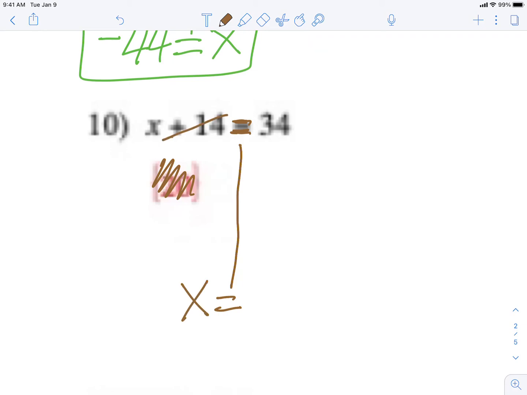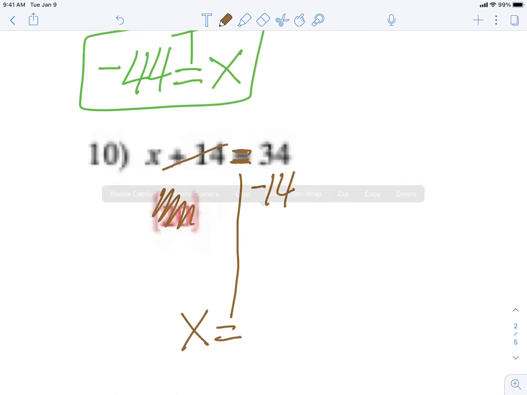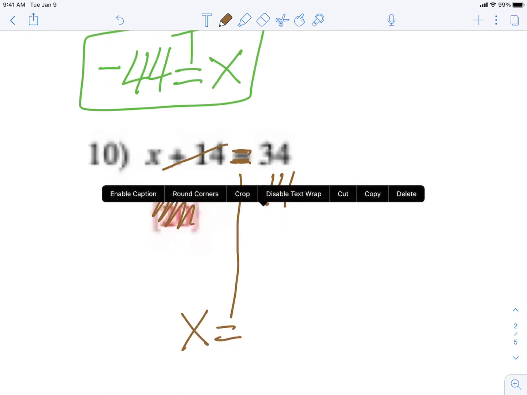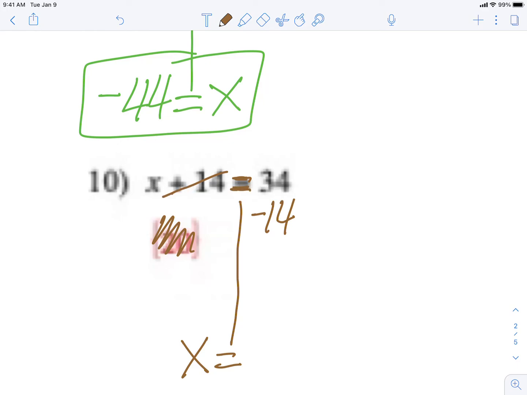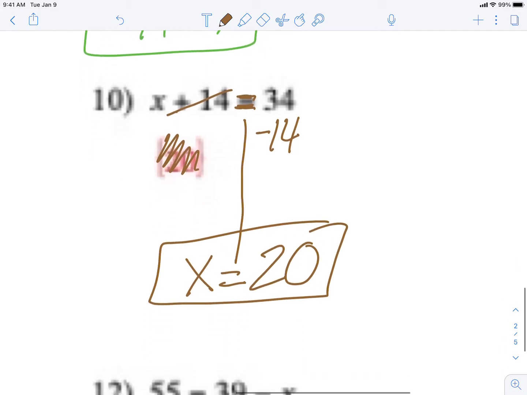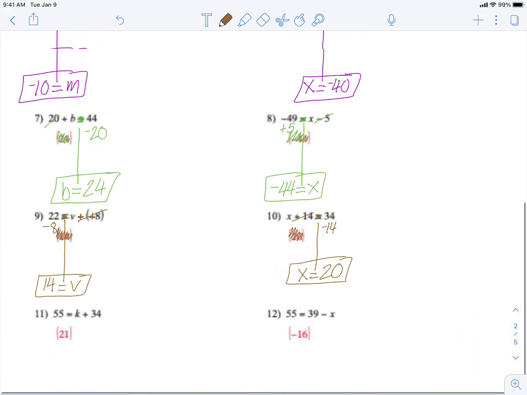So I cross out 14, plus 14, and I make minus 14. All right. 34 minus 14 is 20. Technical difficulties, glitches, right? There's number 10. Almost done, guys.